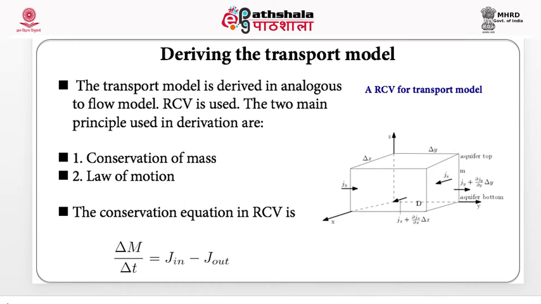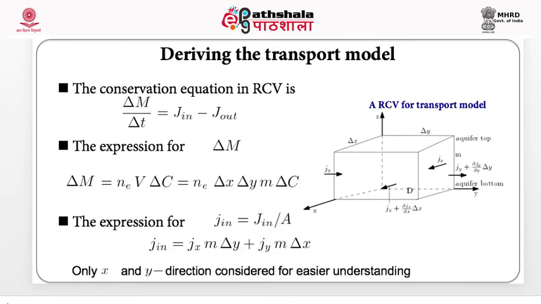As in the flow, where we dealt with the discharge in, here we are dealing with the mass flow in, and then we are collecting the mass flow that is going out, just as we did in the flow. This is also done in all three directions, and instead of quantity of water, we are dealing with the amount of substance. So let's start now with the derivation.